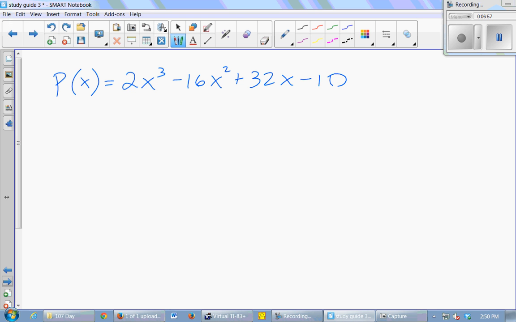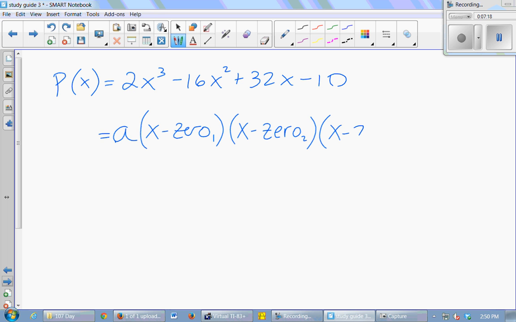Okay, so now I can factor this so that it has a leading coefficient. I can always factor a third degree polynomial so it has some leading coefficient. And because it's third degree, it's going to have 3 factors, each one looking like x minus a zero. My leading coefficient is going to be the same as it was when it was all multiplied out, so that's going to be a 2.